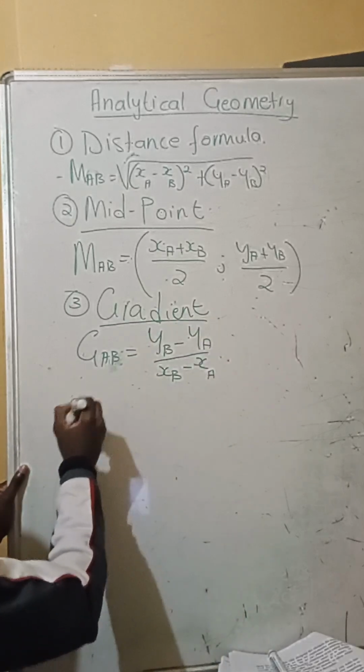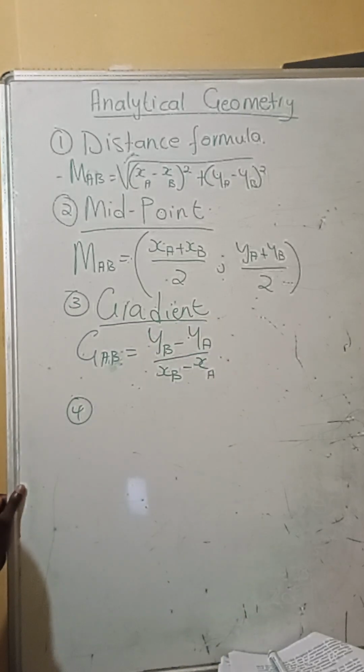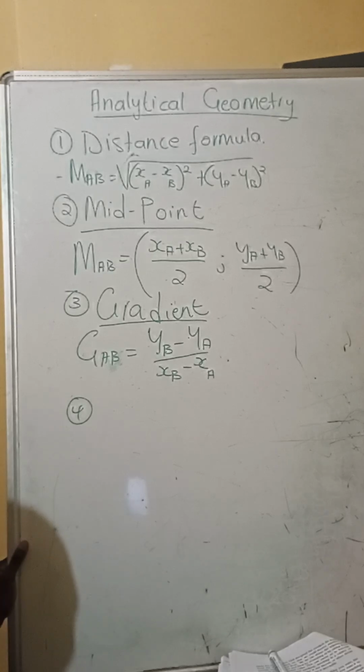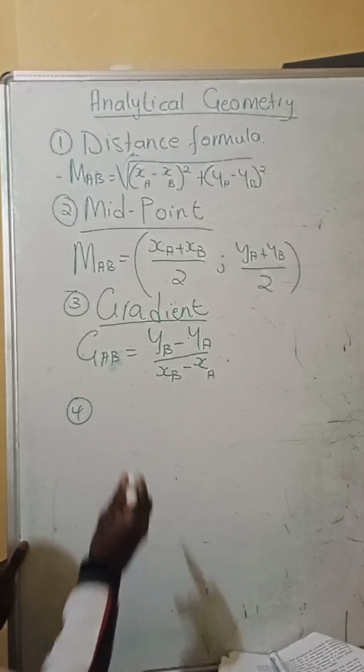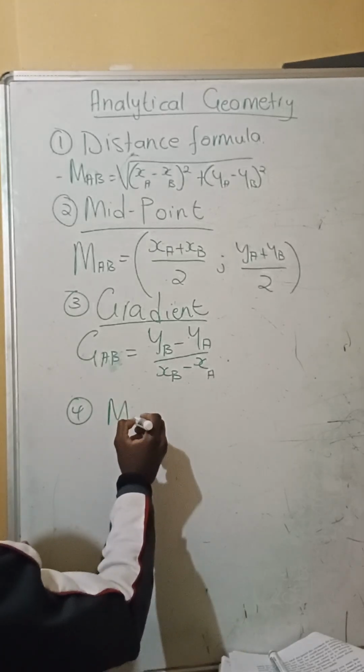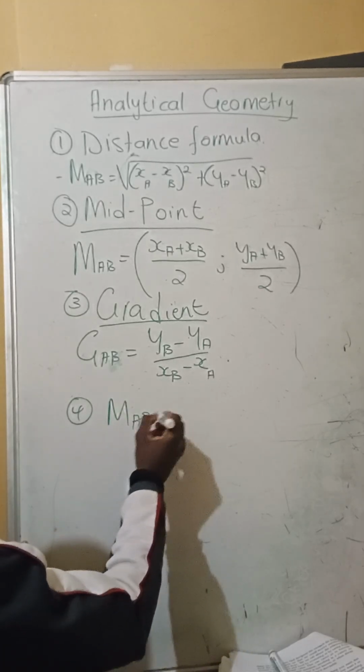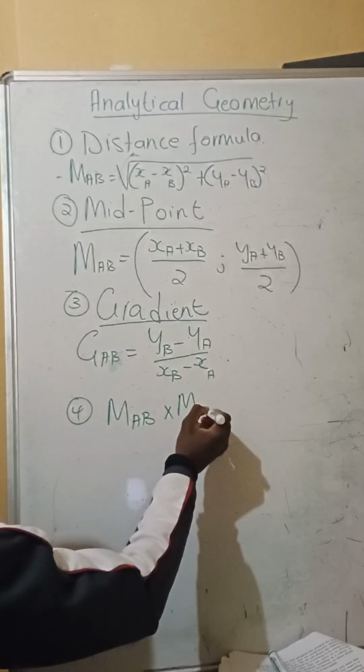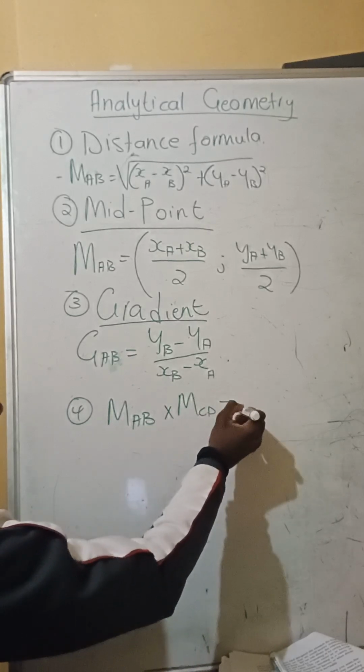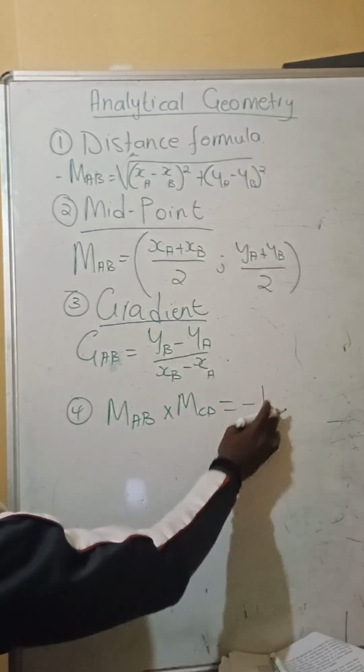Now the fourth one, I want you to remember it. You have to write it as it is. If they say you must prove that two lines are perpendicular, you have to find both of their gradients, and when you multiply them, they must give you -1.